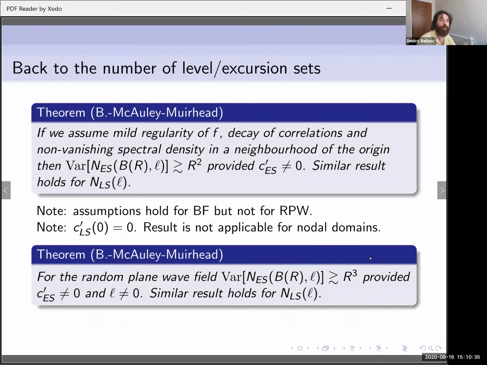Okay, and then we can leverage this type of arguments and say something about, yes, there was a question about smoothness. Yes, we always assume that our fields are sufficiently smooth. At least we want them to be smooth enough so that level sets are nice smooth curves, and in reality we assume a bit more.